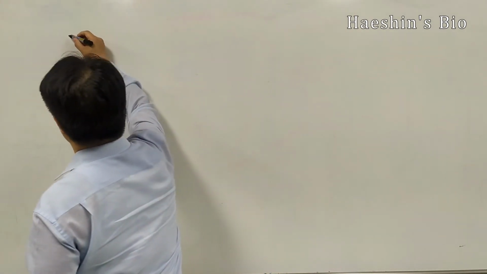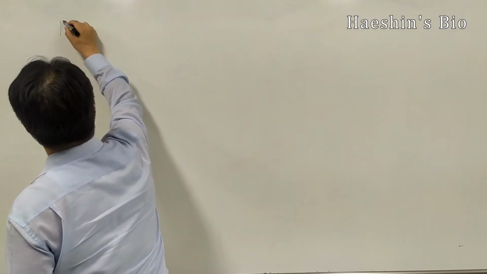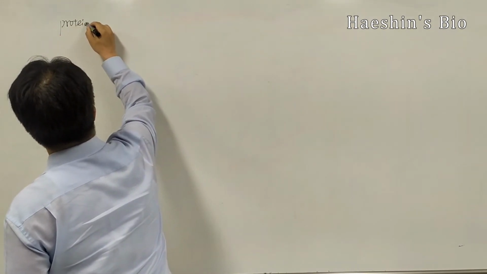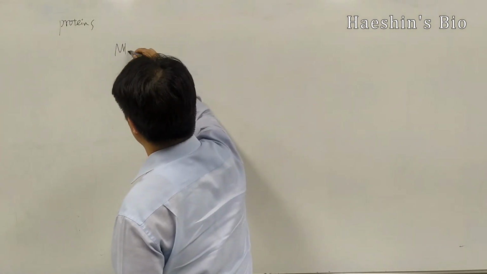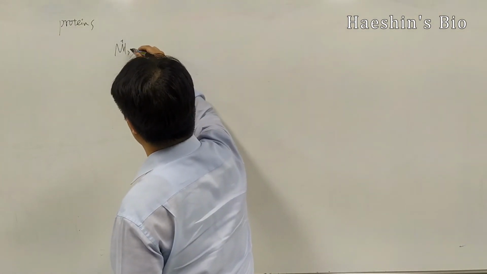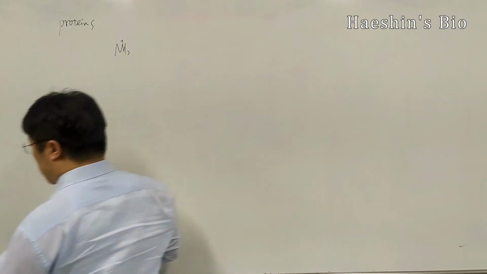You can expect, for example, you have some proteins. Say you have NH3 plus. Draw it this way.